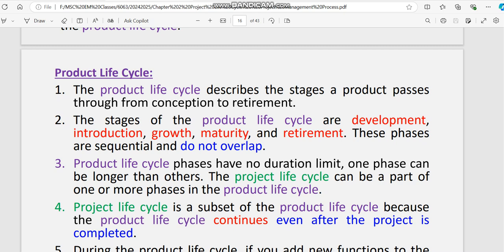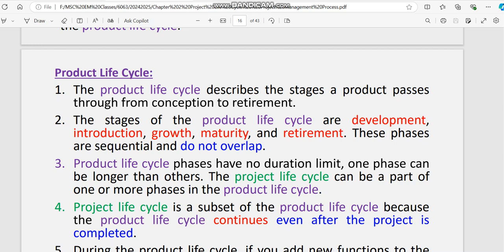For the product life cycle, the product is introduced, then it is being used and functioning. It means it's being accepted by the market, and there's increasing demand for the particular product.